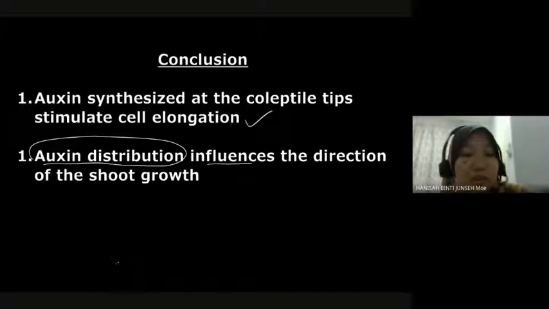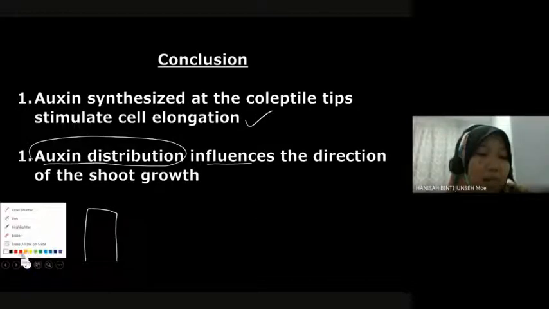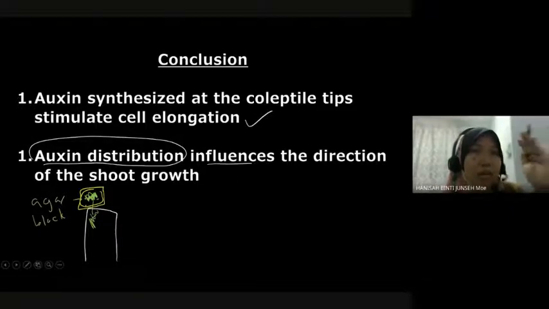Okay, this has been shown in experiment 3. During experiment 3, it shows you what happened when the agar, okay, let's say this is the agar, has been placed off center, di tepi dia ni. And then the auxin in the agar diffuses into the coleoptile shoot only at, let's say now this agar block is placed on the left side.